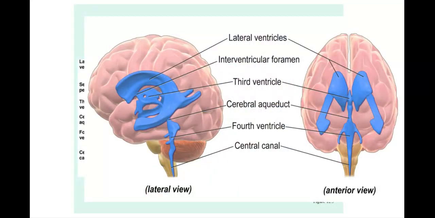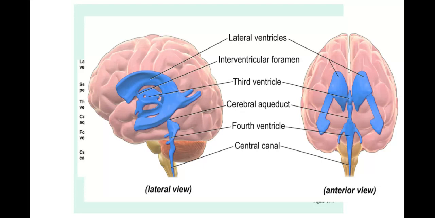Here's what we're talking about with those ventricles. They're just this space where we can move cerebrospinal fluid. So we've got lateral ventricles. Lateral ventricles are these cavities that go into the cerebral hemisphere, and they're really separated by that septum pellucidum.